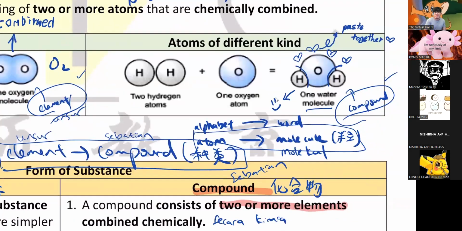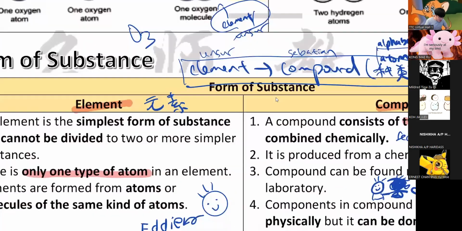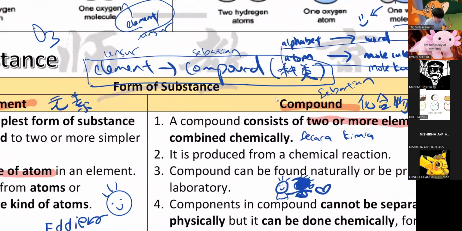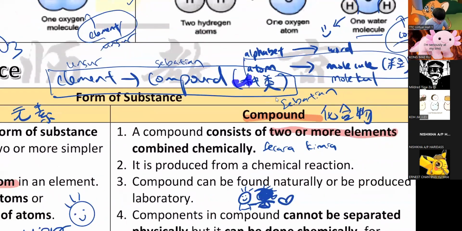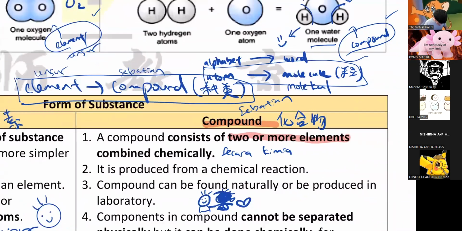Whereas this is a water molecule because it has three atoms, but it is a compound because it has two types, which are H and O here. So for element and compound, we are talking about the type, while atom and molecule is how many.